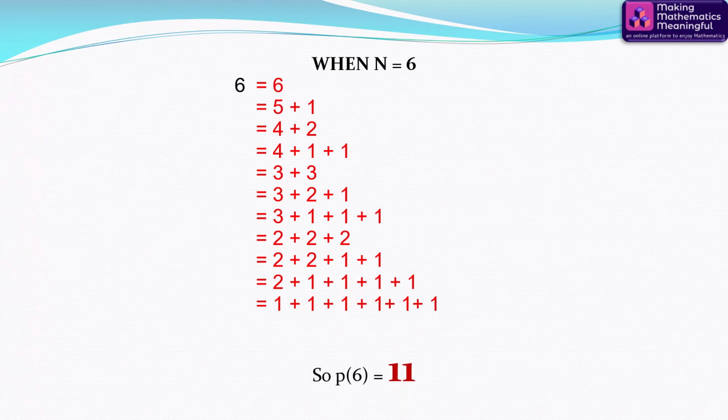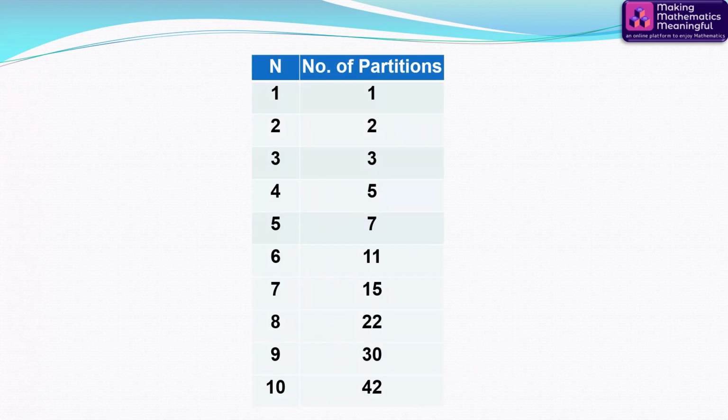We have p of 6 is equal to 11. So, let us compile this information in one table. Number 1 has only one partition. Number 2 has 2 partitions, number 3 has 3 partitions, number 4 has 5 partitions, number 5 has 7 partitions, and number 6 has 11 partitions.